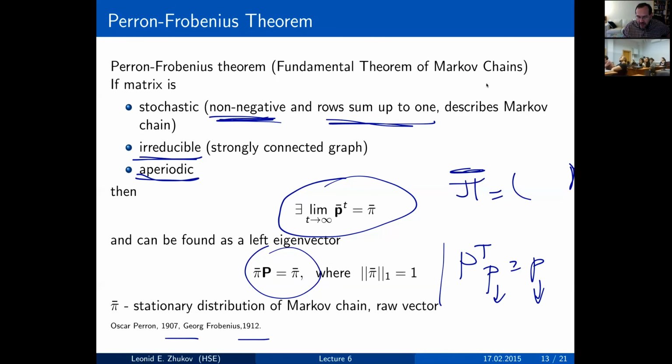And that's why we sort of drag along the transpose here, to be able to use column vectors and multiplication on the right. But of course, you can write this equation with vectors that are rows, and then it's going to be left eigenvectors and left eigenvalues. But of course, for us, it is the same, just a matter of notation.